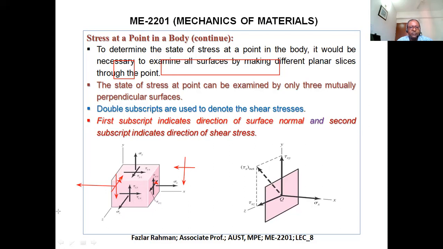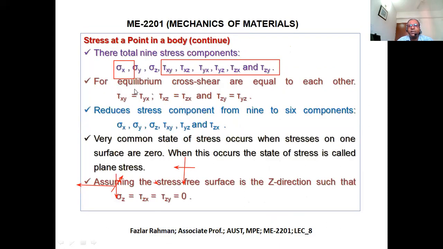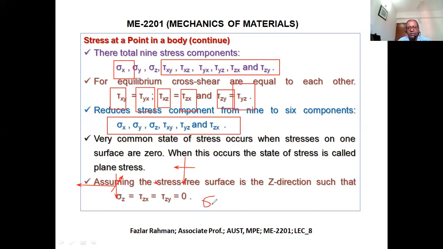For that reason, we can say that tau xy equals tau yx, tau xz equals tau zx, tau zy equals tau yz. That's why we have 9 stresses. From these 9 stresses, we have only 6 stresses. What are the six stresses? We have sigma x, sigma y, sigma z: three normal stresses along three directions.